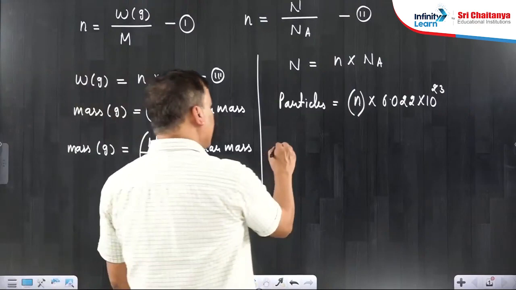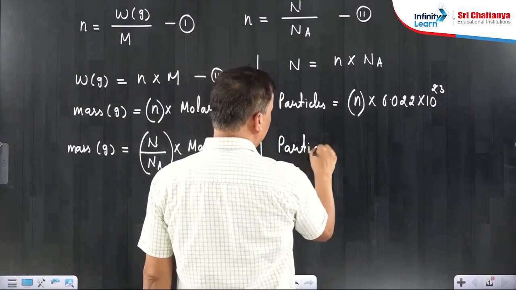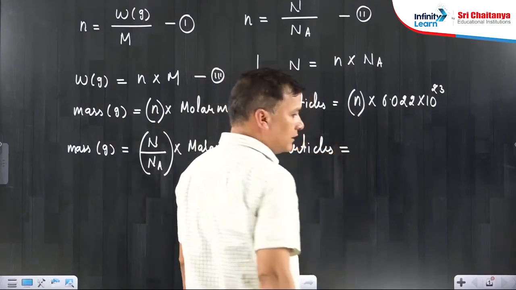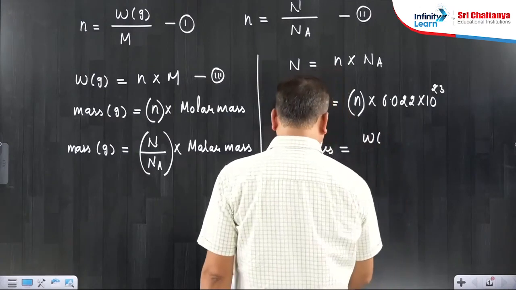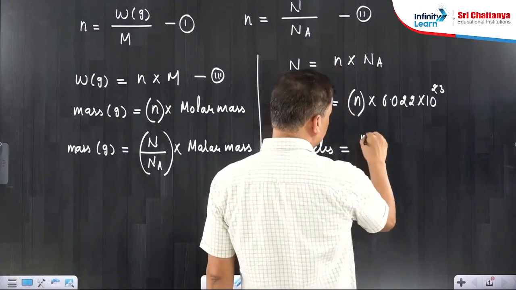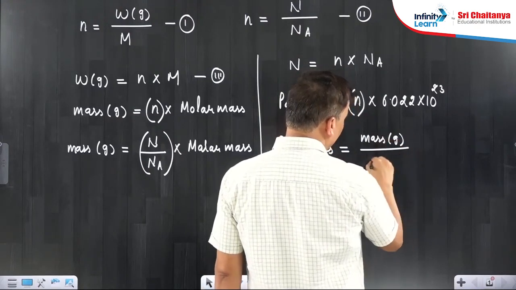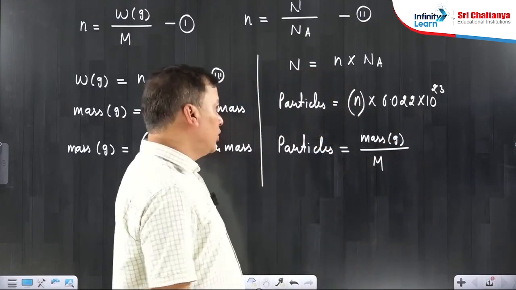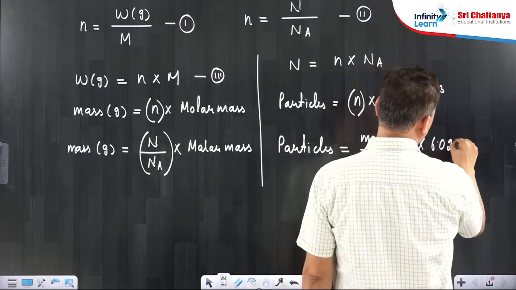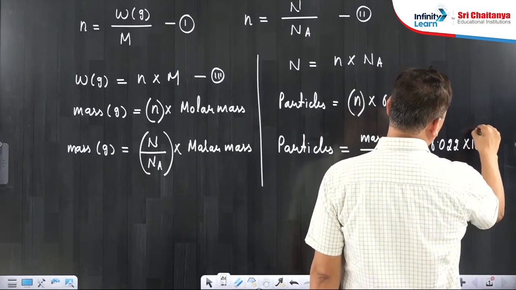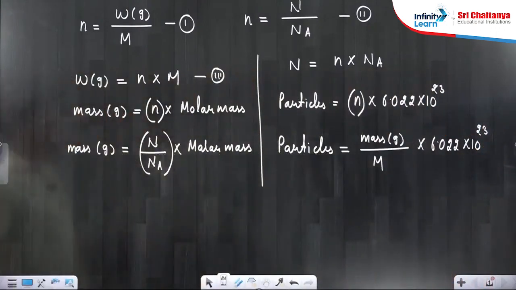In the same way, if we have to calculate the number of particles from the mass, then you can write it like this: mass in grams divided by molar mass, multiplied by Avogadro's number, that is 6.022 into 10 raised to power 23. So please confirm, is it clear or not?